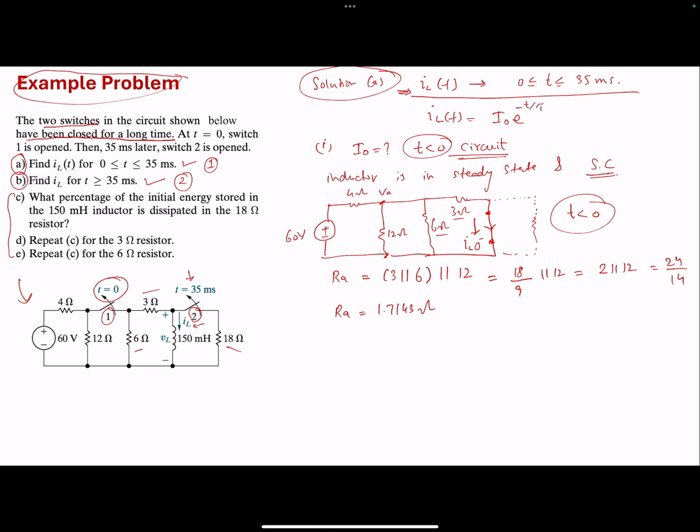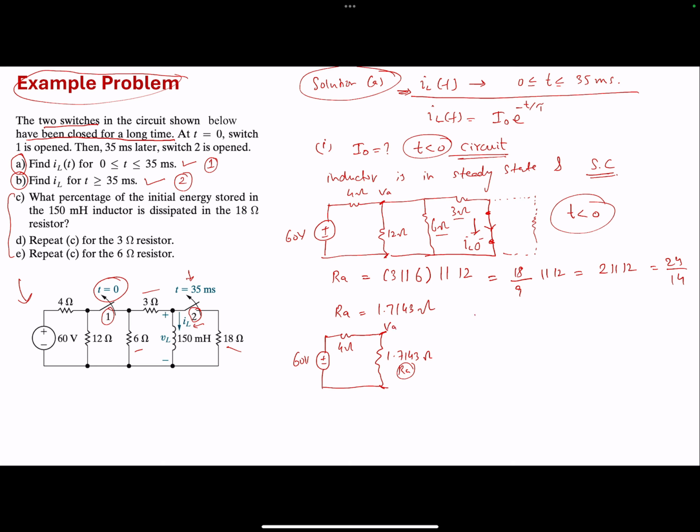Practically, the circuit I'm looking at now is 60 volts, 4 ohms, and 1.7143 ohms. This was my RA, and I can find the value of VA over here.